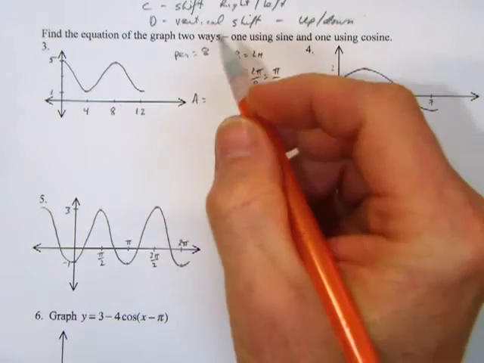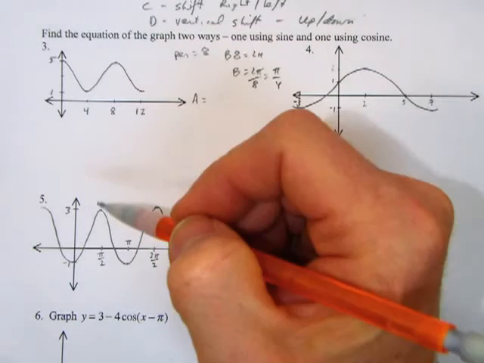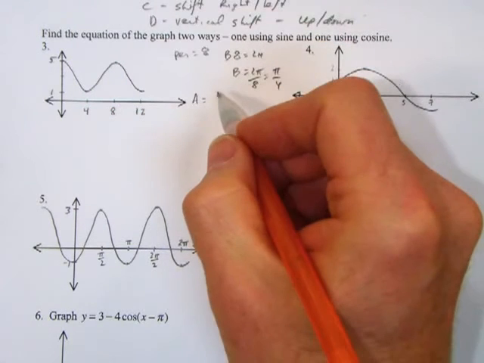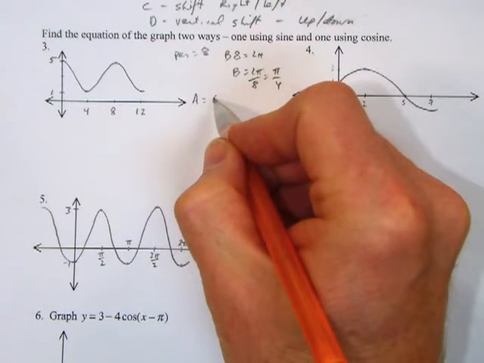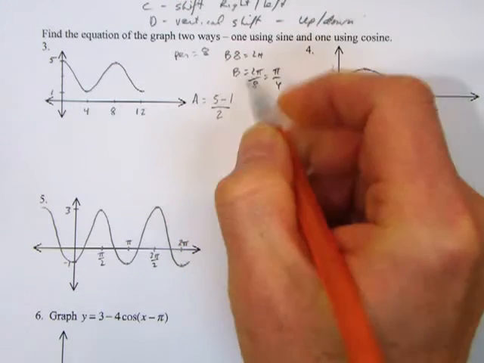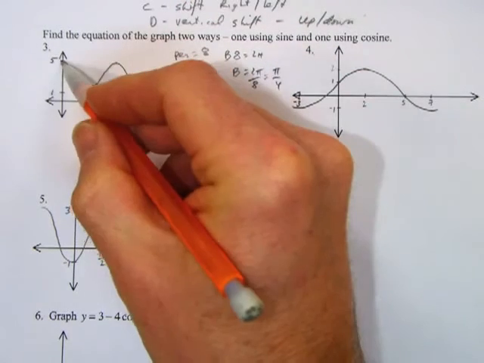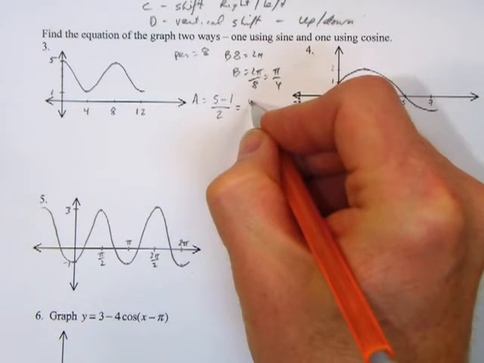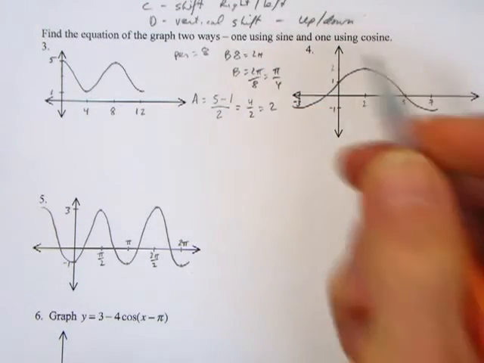A is going to be the distance from the middle to the top, or middle to the bottom. In other words, that's going to be 5 minus 1 divided by 2, because we take that distance, 5 minus 1, and cut it in half. So that gives us 4 over 2, or 2.